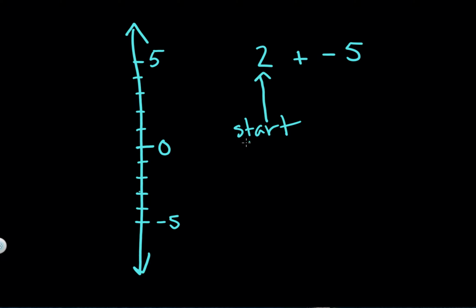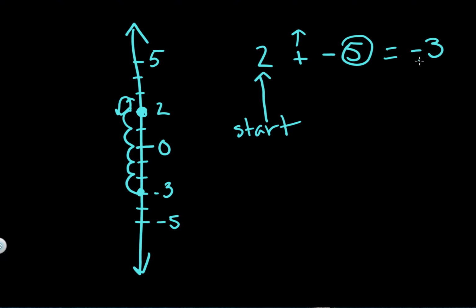So I'm going to start at positive 2. Here's my positive 2. Plus means I'm going to go up. So while I would normally start counting up, what's happening is I'm hitting this negative. This negative means that I'm going to turn around. So every time you hit that negative, we do a little U-turn and count 5. So we're going 1, 2, 3, 4, 5, landing here at -1, -2, -3. So my answer is -3.